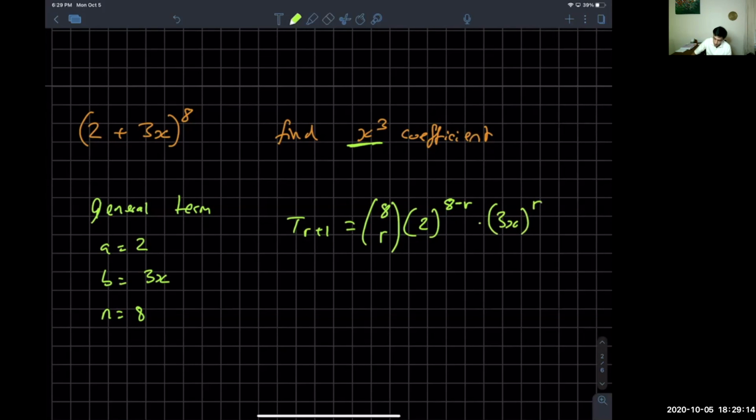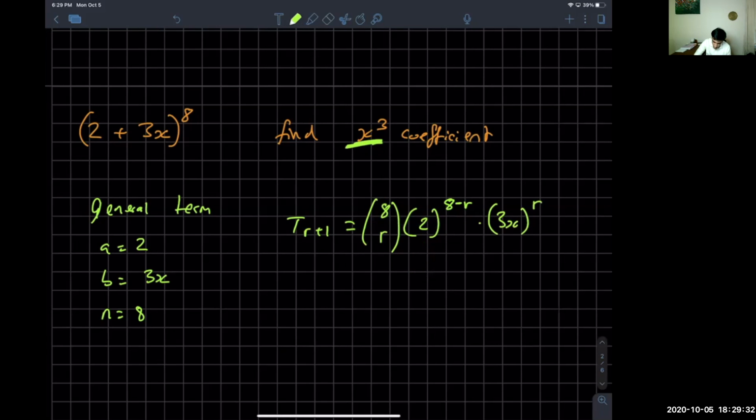This is my general term. Now I want the term where x is cubed. There's no x in the 2 part, so I can ignore that, and I can ignore this, because I want to find what r is.